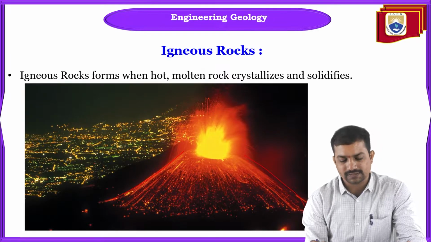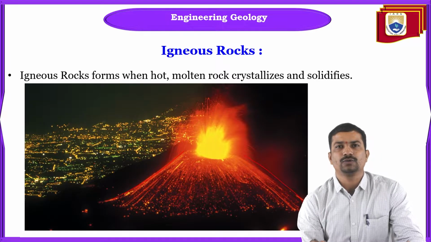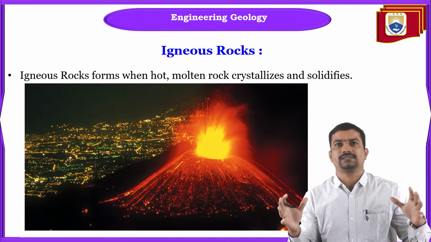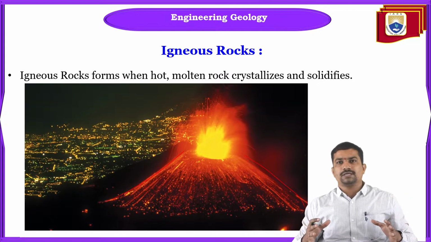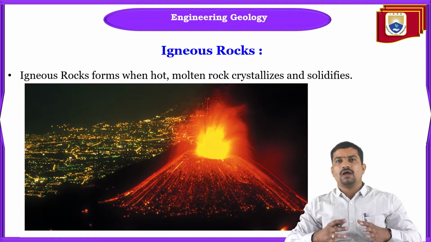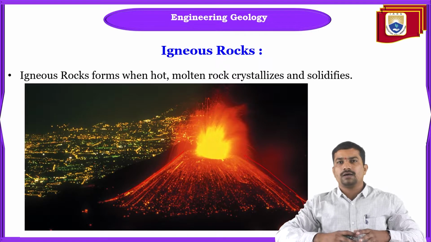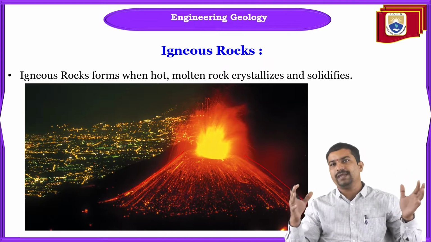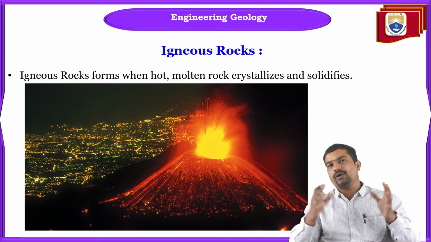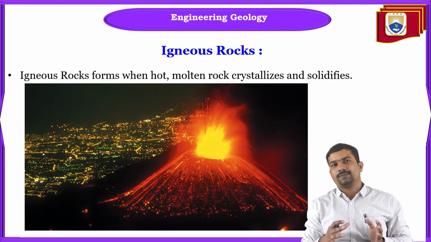We might have seen lava: due to heating in the earth's crust, due to high temperatures with a sudden pressure, a lot of heated mass comes onto the earth surface.